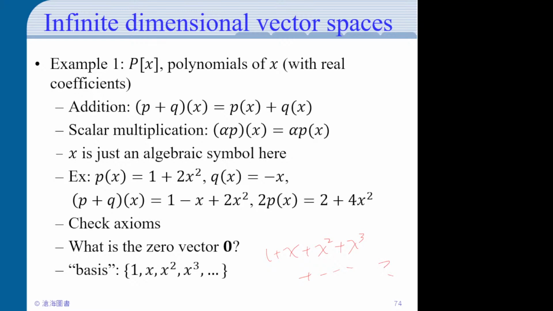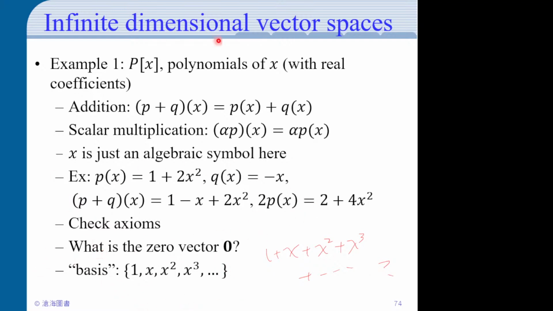Okay, so we have quotation marks on basis, but here I just give you an idea that this space is actually infinite dimensional. You can prove yourself that if you have a finite number of vectors inside this space, you can always find an extra polynomial that's not spanned by those polynomials.